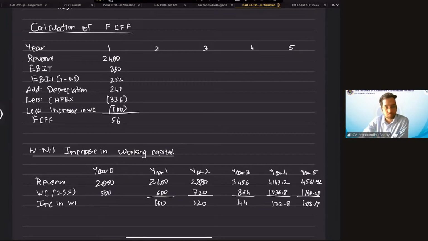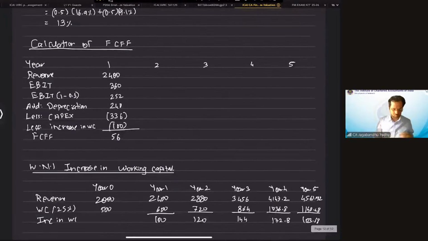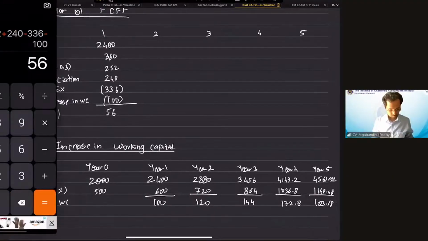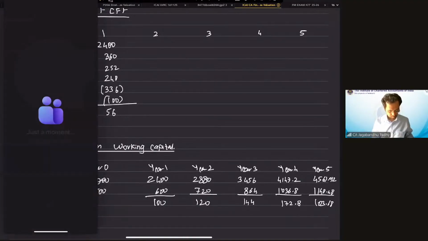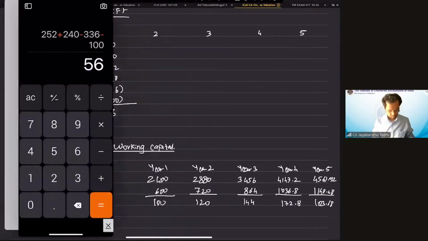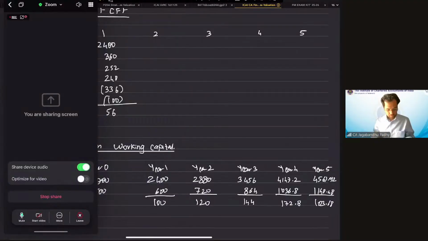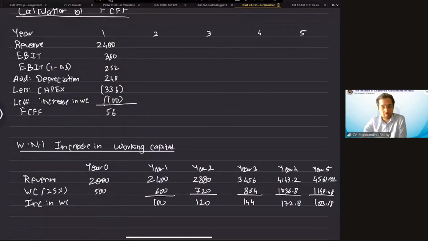What is the implication of capital expenditure being offset by depreciation from the 5th year onwards? In the 5th year, depreciation and capex are going to offset each other.